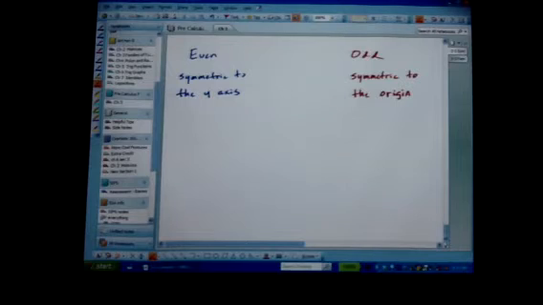Could there be problems that have both of those symmetries? Here's the answer to that question. Yes, there could be equations that have yes for the origin symmetry and yes for the y-axis symmetry. But those equations are not functions.